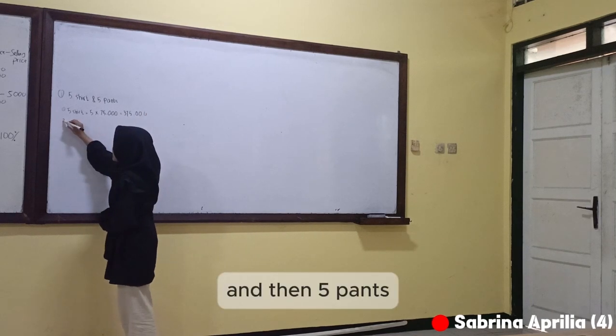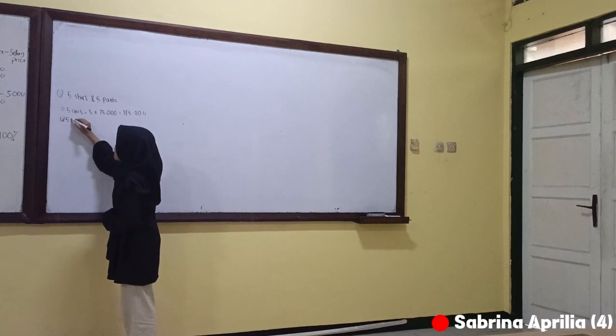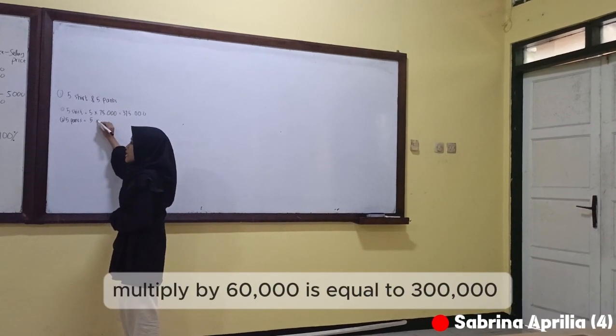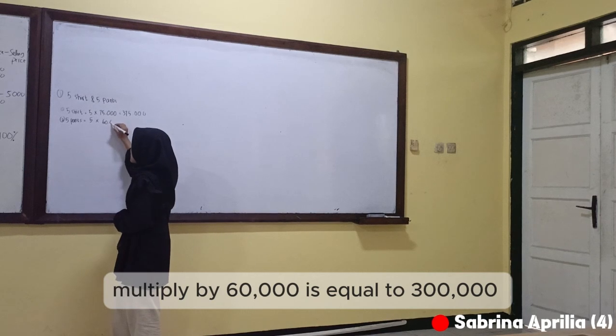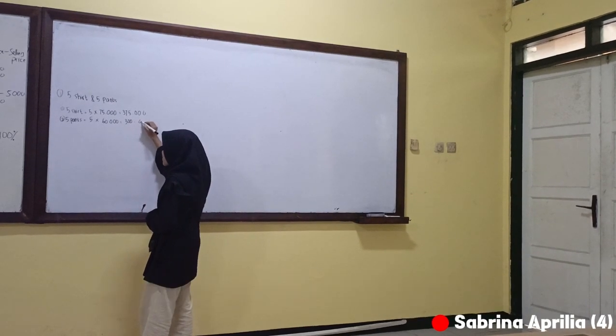And then the total price of 5 pants is equal to 5 multiplied by 60,000 rupiah, which is equal to 3,000 rupiah.